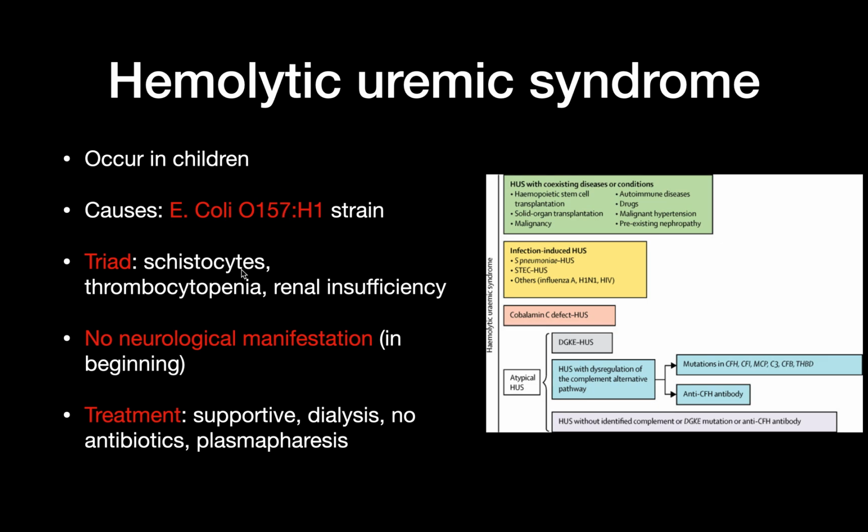The triad is the schistocytes, thrombocytopenia, and the renal insufficiency. At first, there's no neurological manifestations, and the treatments would be dialysis or plasmapheresis. The antibiotics are contraindicated because the antibiotic will kill the bacteria, and that can lead to the bacterial shock.